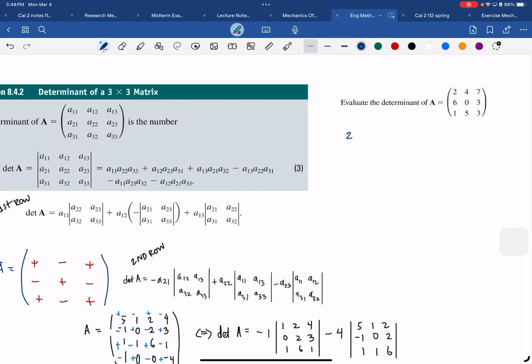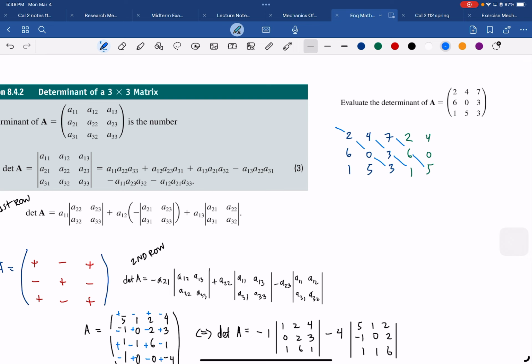So 2, 6, 1, 4, 0, 5, 7, 3, 3, and then I will write again the first column and the second column. So 2, 6, 1, 4, 0, 5. And then the idea is I will multiply within this cross like this.